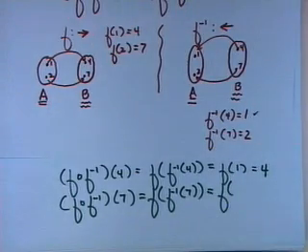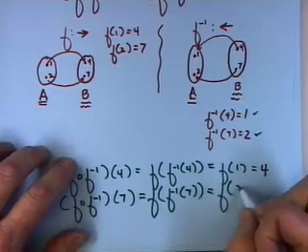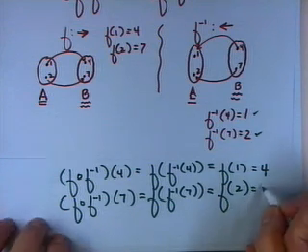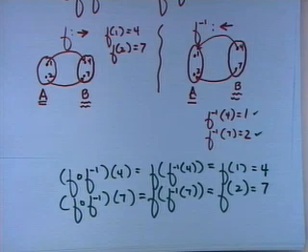What's the f inverse of 7? 2. And what's the f of 2? 7. No big mystery there. 7 sends us to 2 in one set, and in the other set, 2 sends us back to 7.